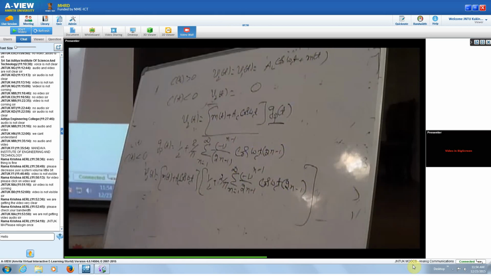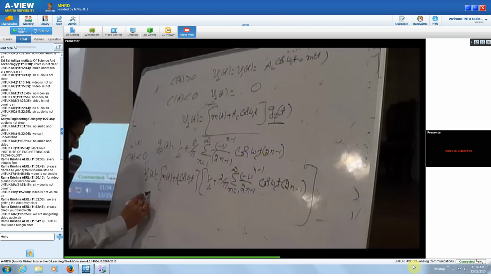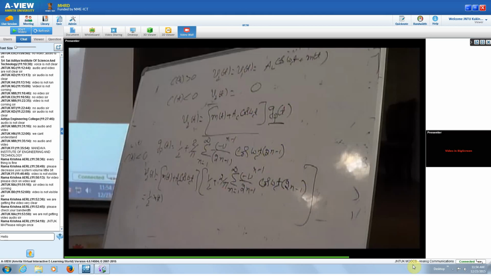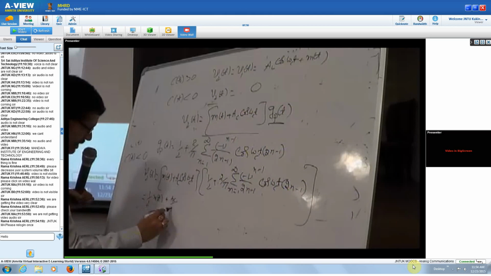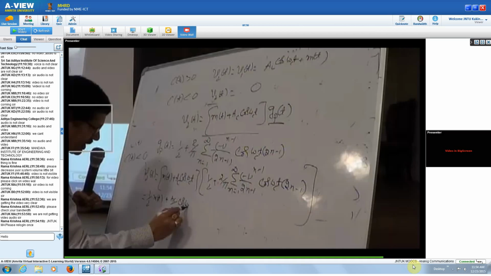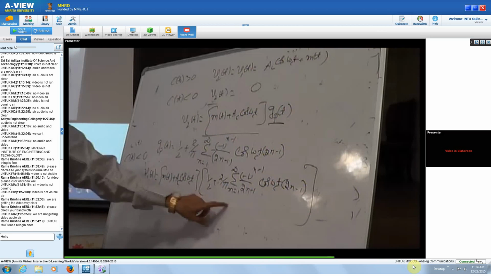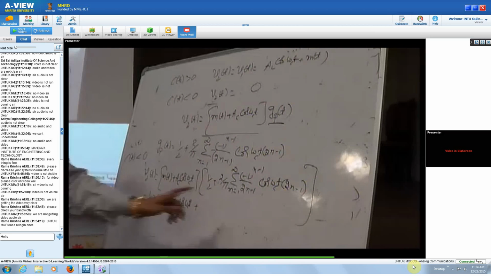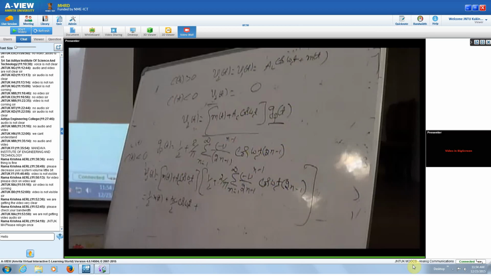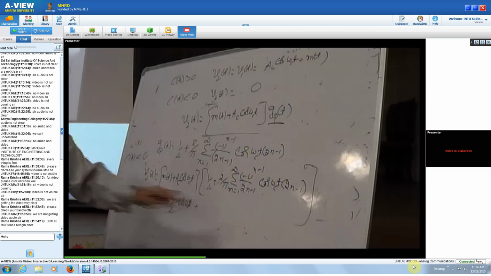Expand. You are having this 1 by 2 of m(t) plus A_c by 2 cos omega_c t, the product is the first term, plus in this summation I will expand this for n equal to 1. When n equal to 1, what will be the value?